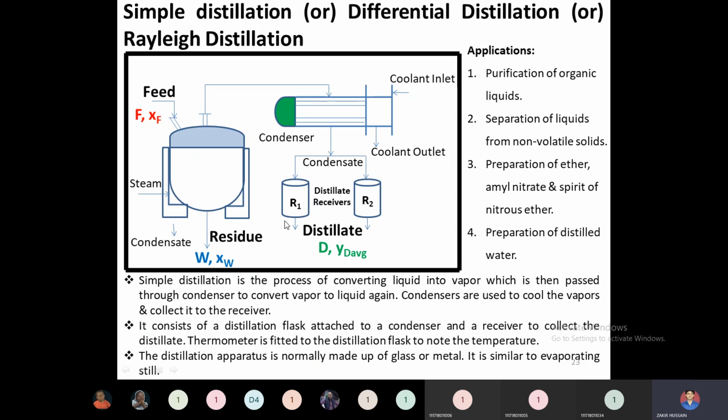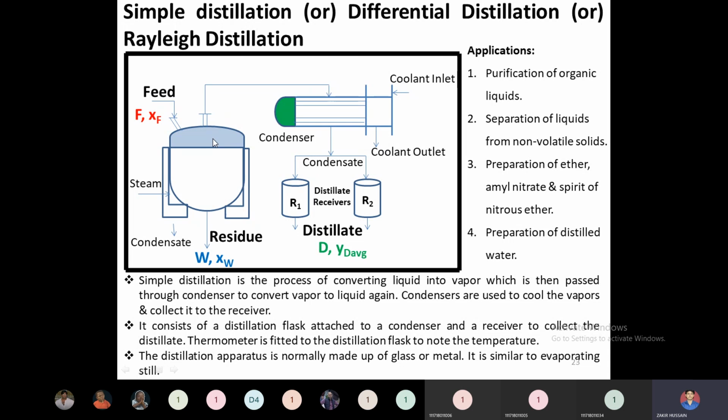So the initial condensate received in the receiver will obviously have a larger amount of the more volatile component. After some time, the vapors being formed become lean in the more volatile component, and the less volatile component comes in.